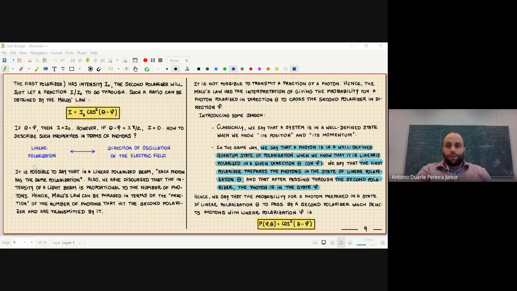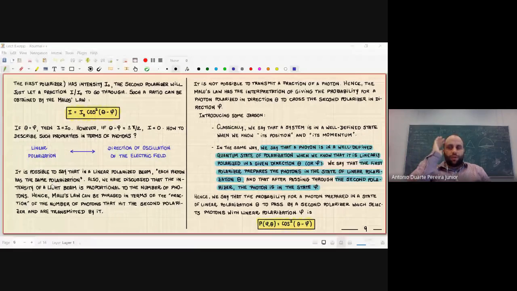Now that I want to phrase things in terms of photons, when I pass light through the first polarizer, the photons that are on the other side of the polarizer, namely those that pass through, will be polarized in the theta direction. Each photon will have the same polarization.